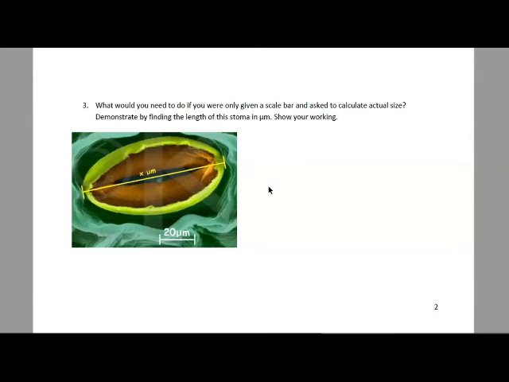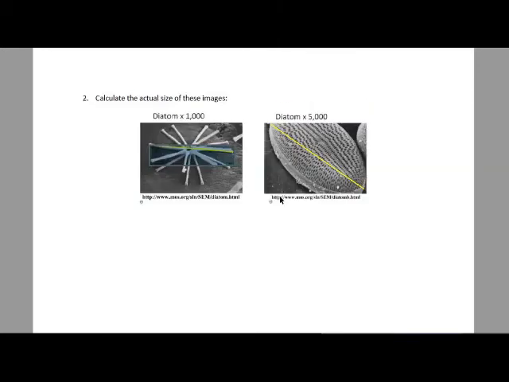Okay, what about exercise number 3? Sorry, I had a doubt at the end. In that case of the second problem, we always need to write it in micrometers, then divide by the magnification.